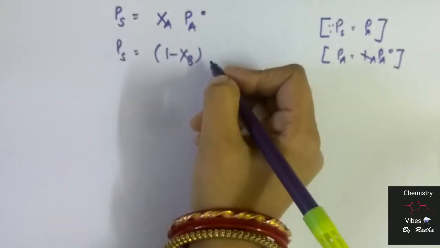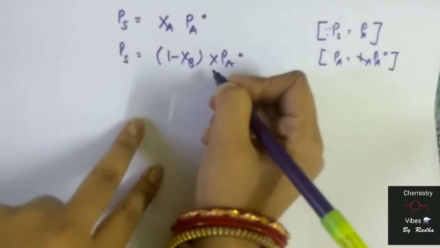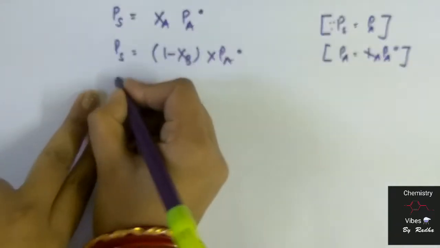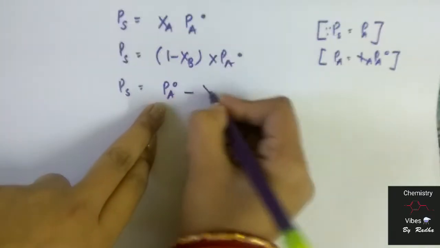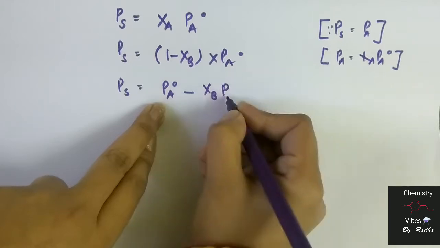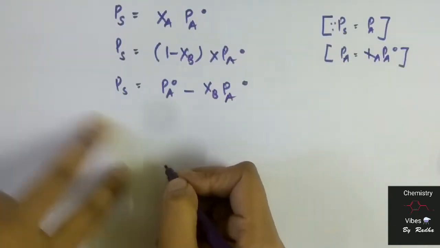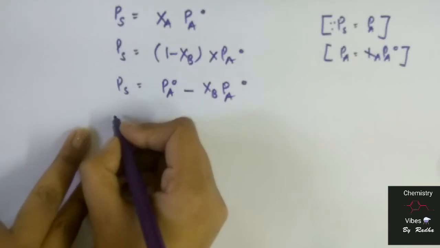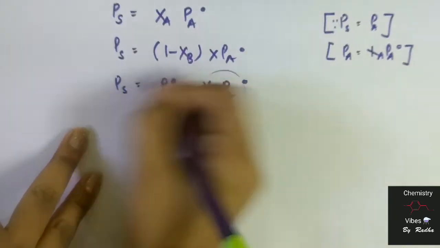So XA becomes 1 minus XB, and PA naught is already there. Now we'll open the brackets. PS becomes equal to PA naught minus XB into PA naught.